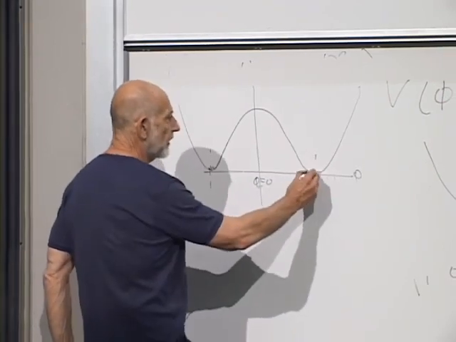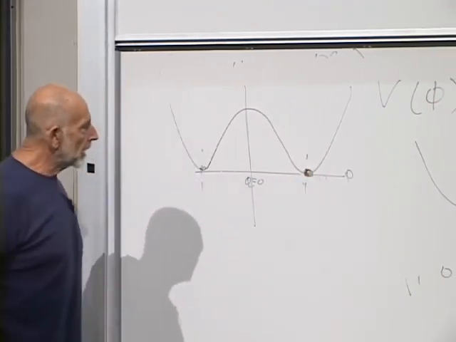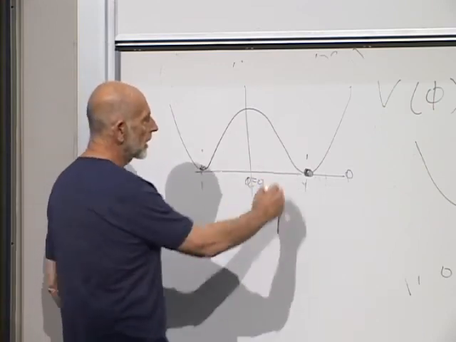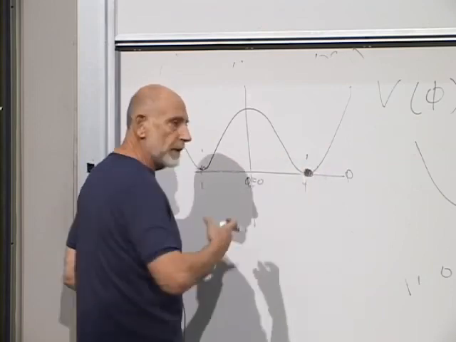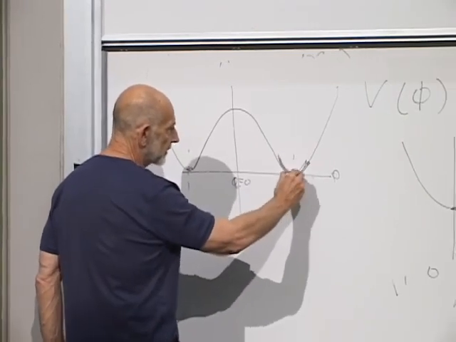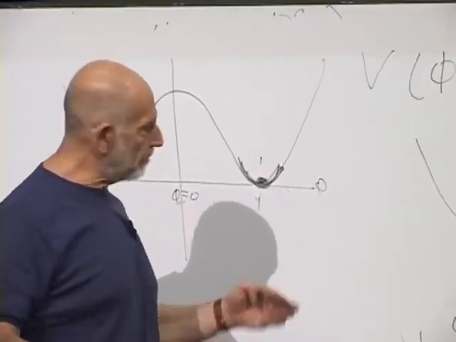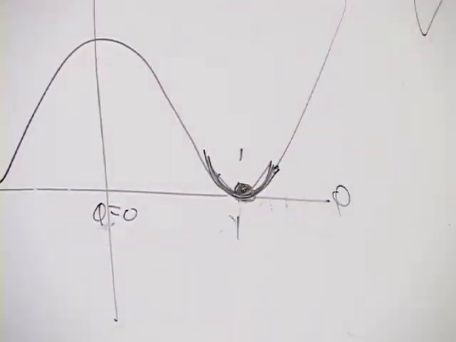But say our real vacuum is over here. Let's assume. Now the field can be over here in the vacuum, but it can also be perturbed. It can oscillate about here, just like a particle in a potential, it can vibrate back and forth. The Higgs field can vibrate. It can have a frequency.